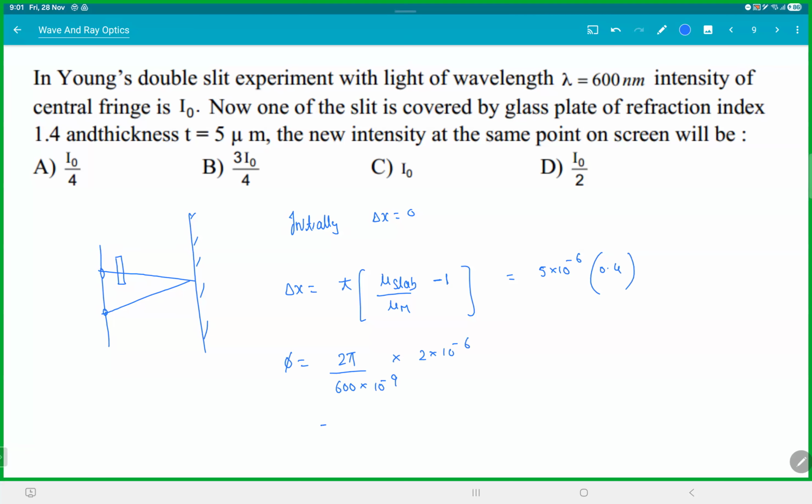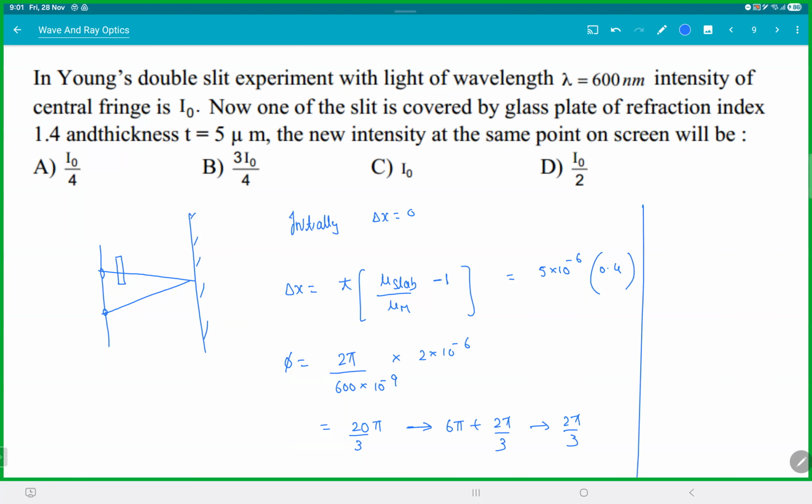This will be 20 pi by 3. You can remove 2 pi's from this. This would be how much? 6 pi plus 2 pi by 3, no? So 2 pi is anyway 0, so this phase angle is 2 pi by 3.